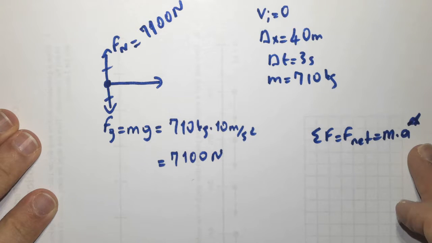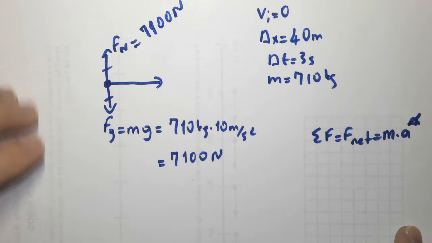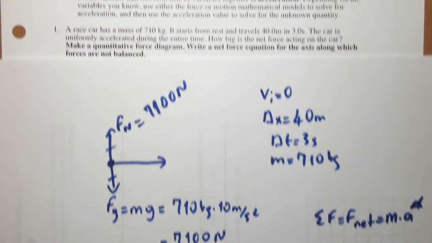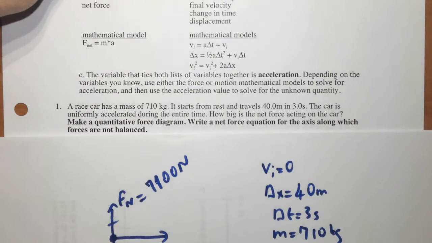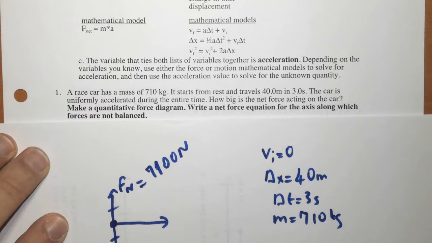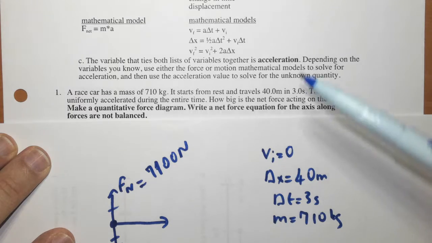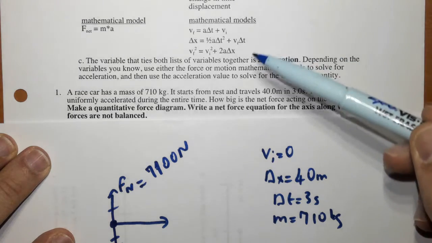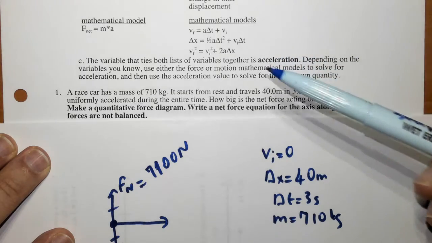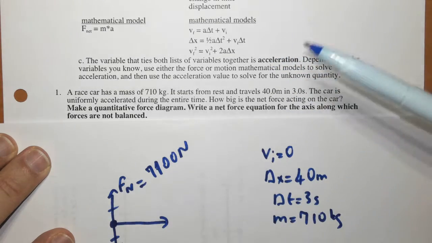Now which equation can we use to find acceleration? I'm going to look at the equations right here. You can put all the equations in front of you just like this, look at the knowns, and figure out which one you can use.